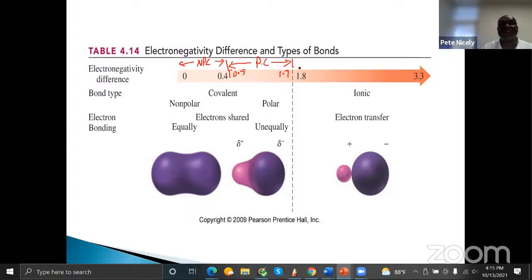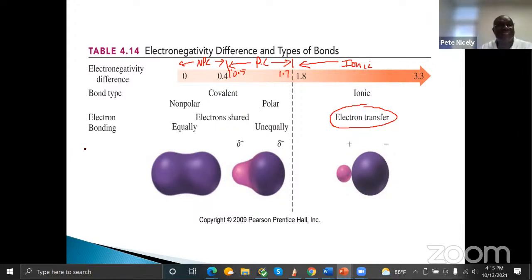And then finally, if you have a bond of two atoms where the difference in electronegativities is 1.8 or greater, then basically the bond is said to be ionic, all right? And what that means is that the charge separation is so great that you have the complete electron transfer from the metal to the nonmetal, and therefore the result would be an ionic bond, all right?